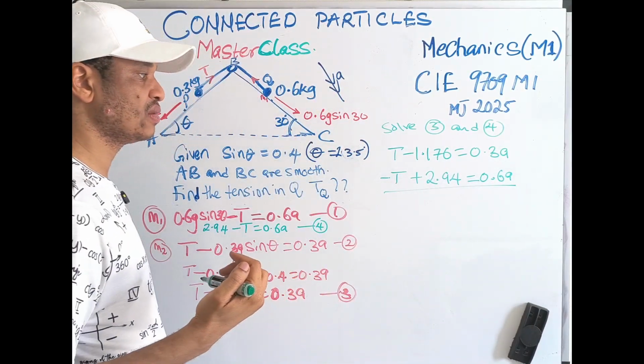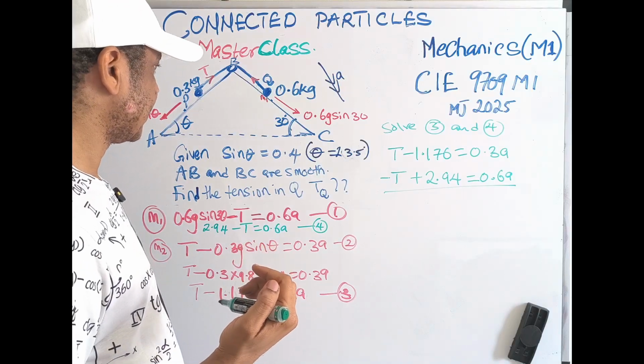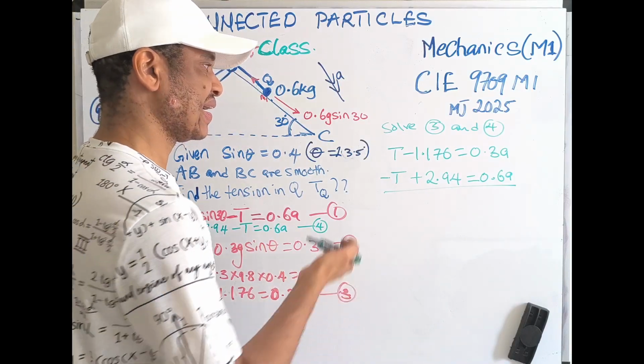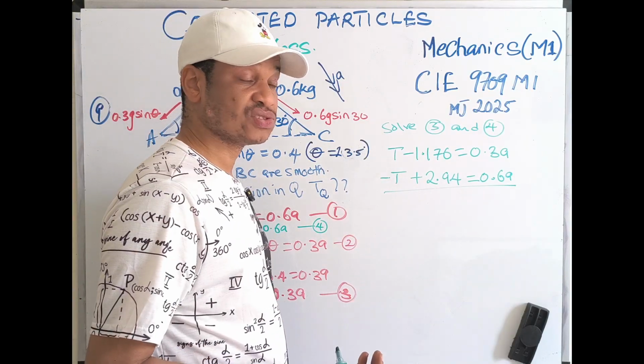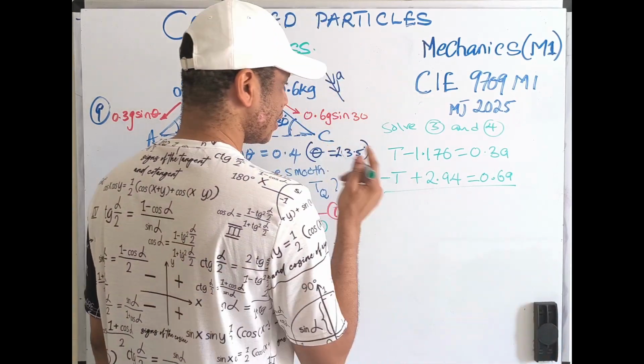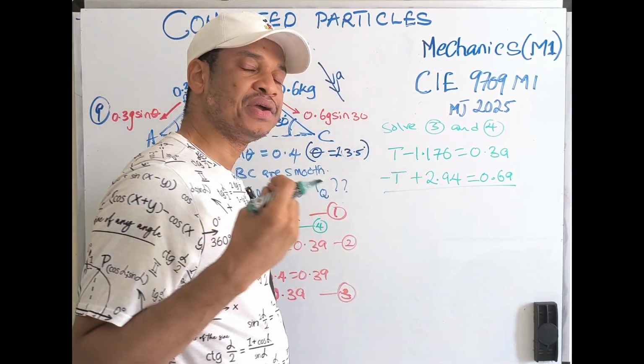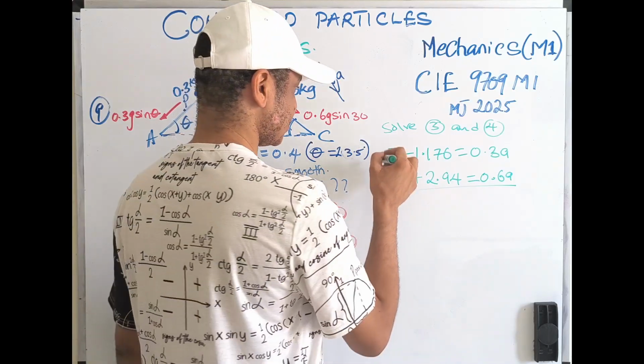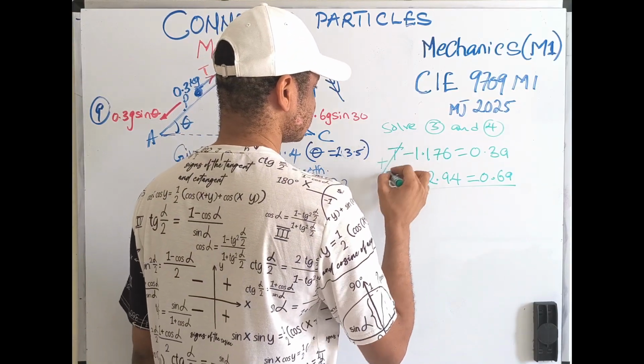Since I'm finding T, I can decide to eliminate it and find A first, or I can decide to eliminate A. Let me find both. So I will eliminate T. Remember, different signs you subtract, the same signs you add. So they are the same, so you add. So this cancels.